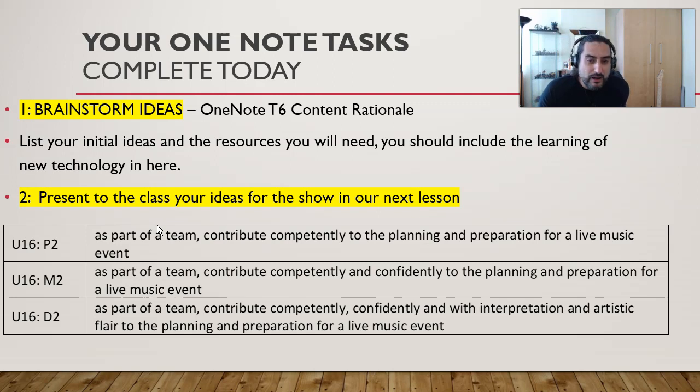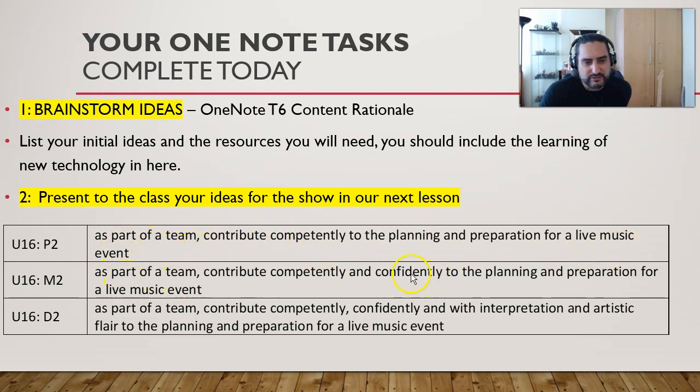How is this marked now? Well, this part of the project is marked like this. For a pass, as a team, contribute competently to the planning and preparation for a live music event.